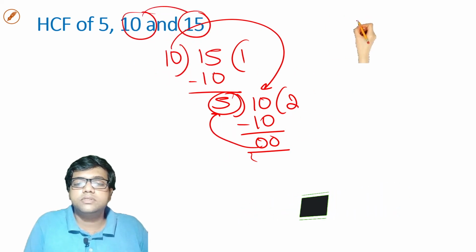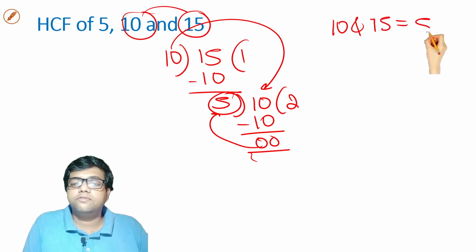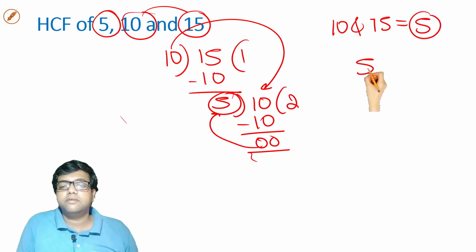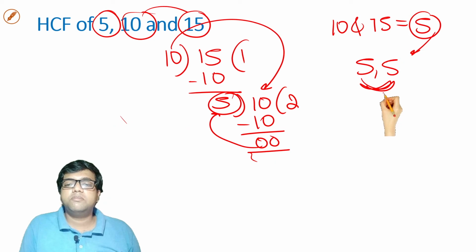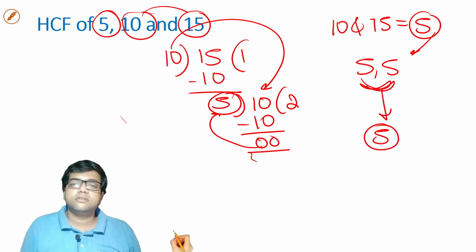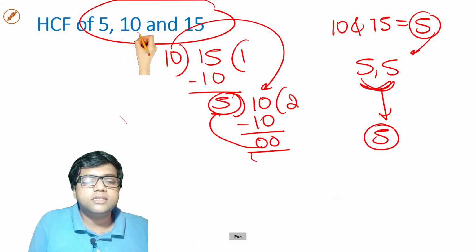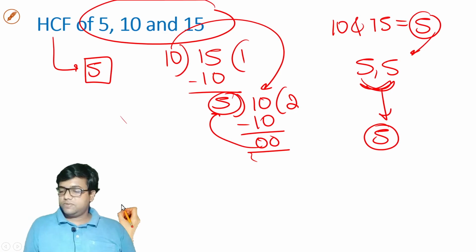So for 10 and 15, the HCF is 5. Now we need to find the HCF with the other number, which is 5. We already found this is 5. The HCF of the same numbers will be the same number, 5. So the HCF for all the three numbers is the number 5 itself. Okay, that was the last question.